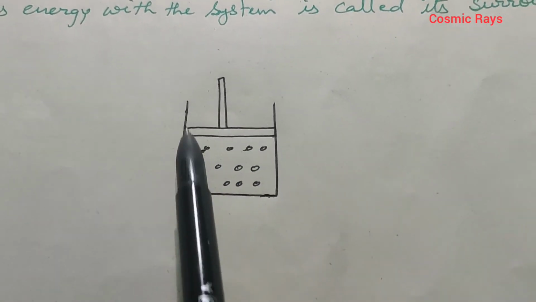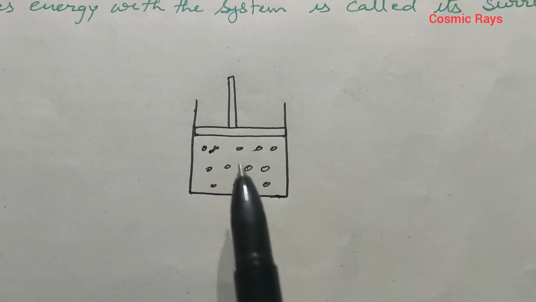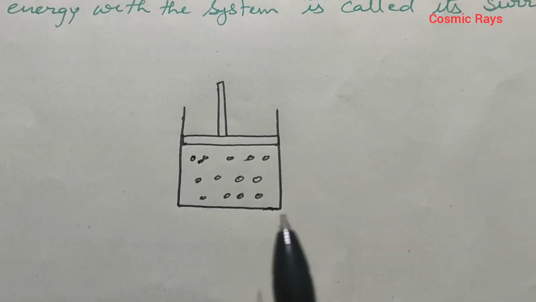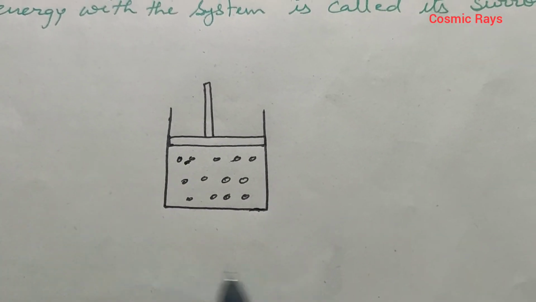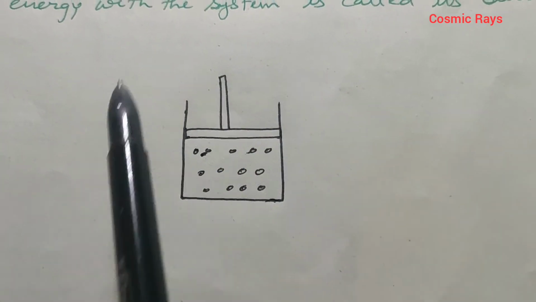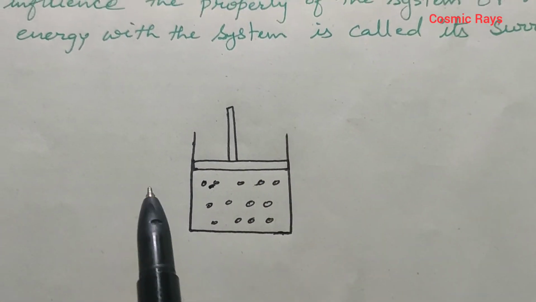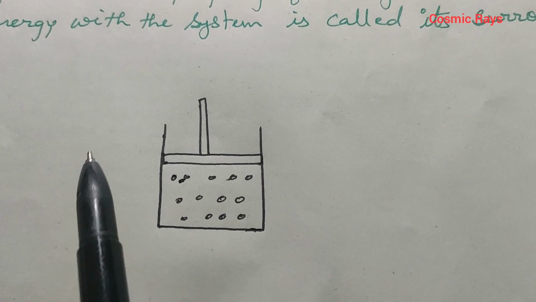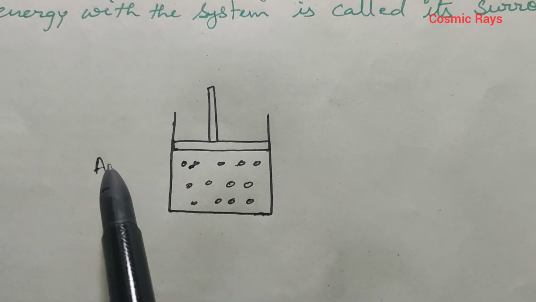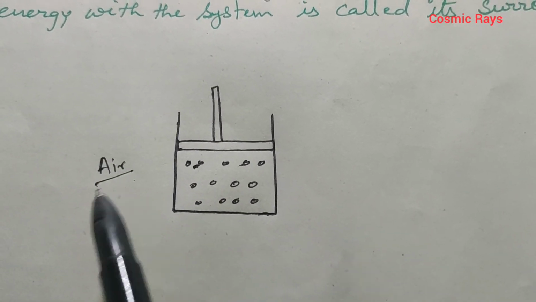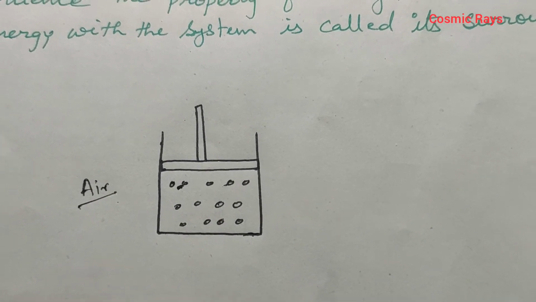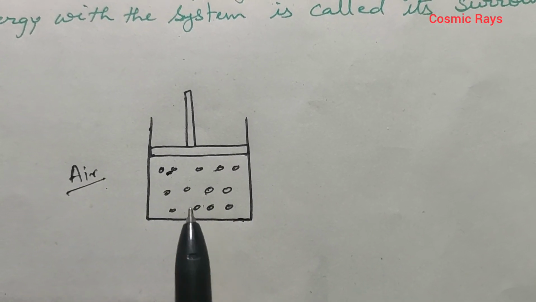So this cylinder becomes our system, and anything outside this cylinder, the immediate surrounding, is known as the surrounding of the system. It can contain air particles, it can contain other particles, but we are more interested in the system.